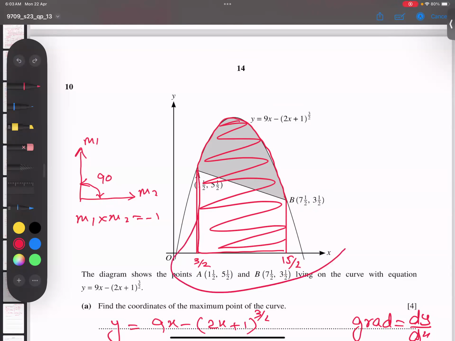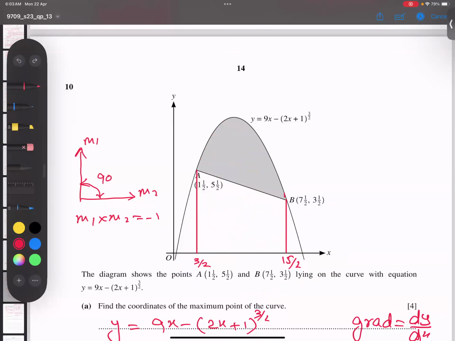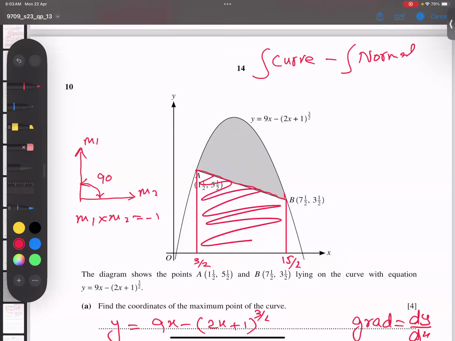I will not get this white region. So this gives me the full area if I integrate the curve. So I repeat my words: if I integrate this line, the normal line, I'll get the area from the line till the x-axis.